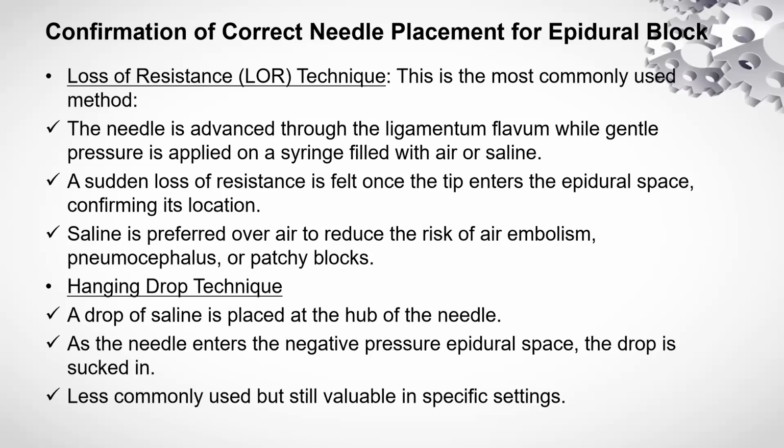And as the needle enters the negative pressure epidural space, that drop is sucked in, although less commonly used, but still valuable in specific settings. For me, because the loss of resistance needle can be a little tricky, but in trained hands, you may almost get it, I always want to use both loss of resistance technique and the hanging drop.